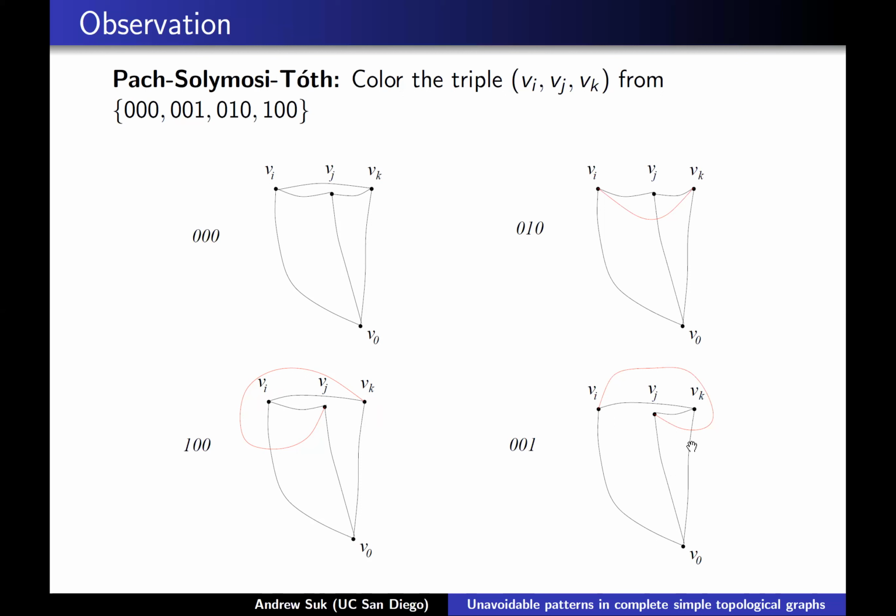And then likewise, 0, 0, 1 is the pattern where this right edge emanating out of V0 is getting crossed. So anytime you have a triple Vi, Vj, Vk, you have one of these 4 configurations. And so you give it a coloring.